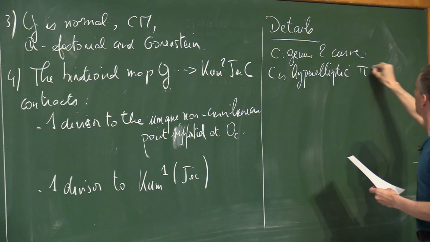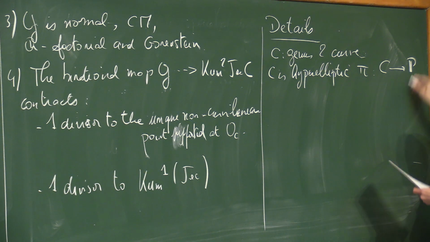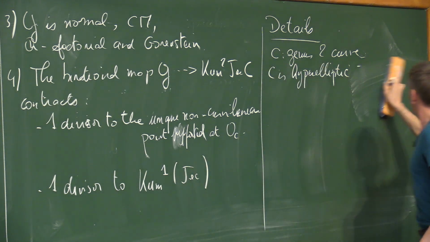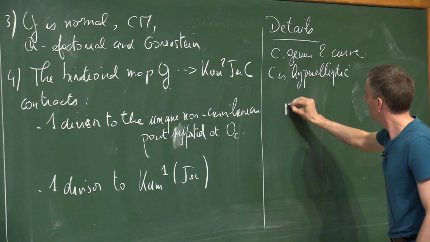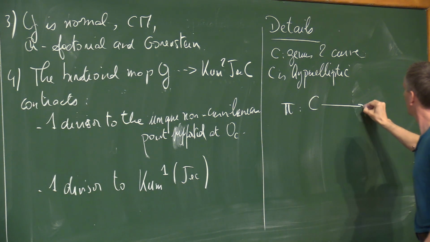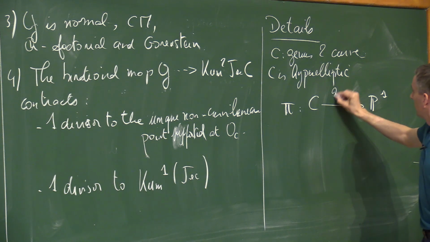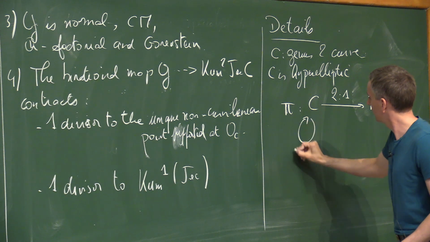So it has a 2-to-1 cover to P1, that we'll call pi. And we'll call sigma the covering involution.